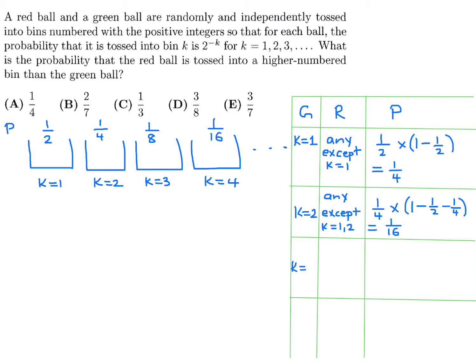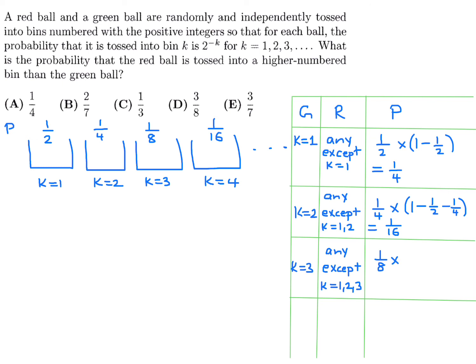All right, let's keep going. K equals 3. Again, it can be in any except K equals 1, 2, or 3 in order for this rule to hold, that the red ball is tossed into a higher numbered bin than green ball. Okay, probability that G goes into K equals 3 is 1/8. So that goes there.